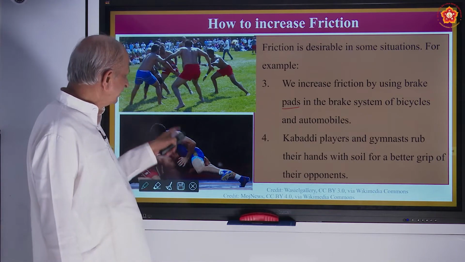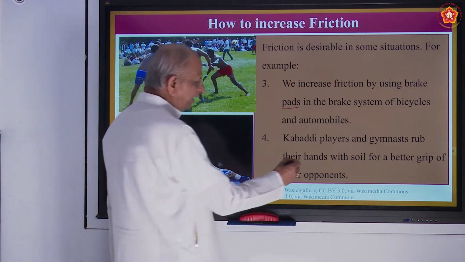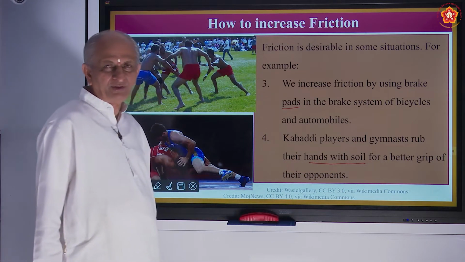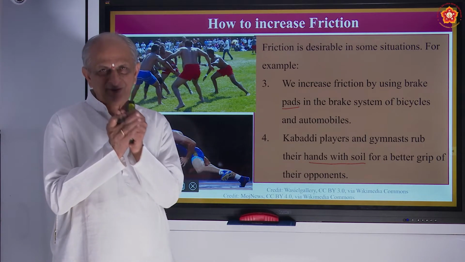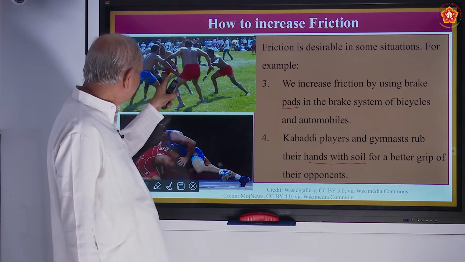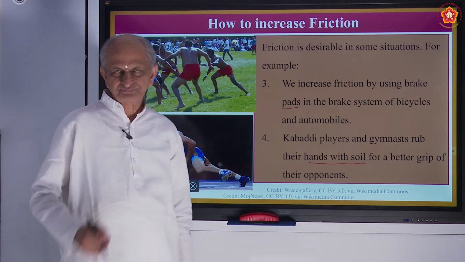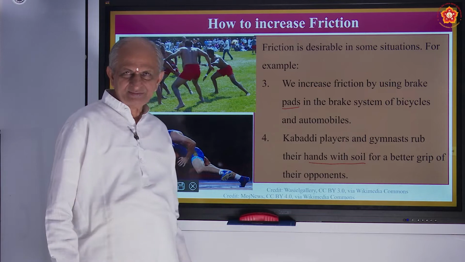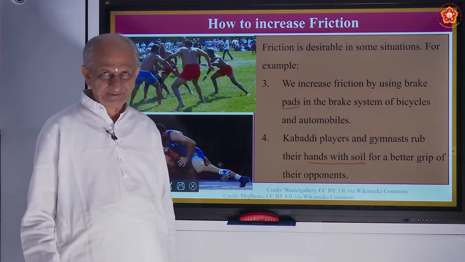While boxing and playing kabaddi and all, they rub their hands with soil. Why do they rub the soil? To make their hands rough. Here also, to catch the opponent, you have to make your hands rough. How will it be done? It has to be done by applying sand on the palms.